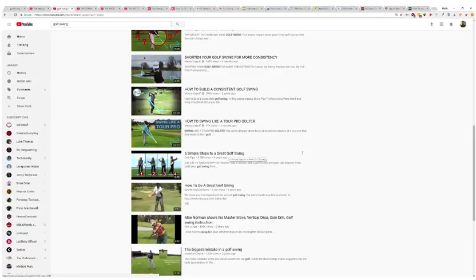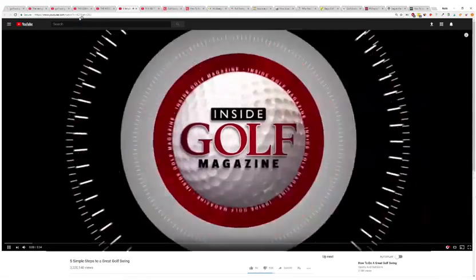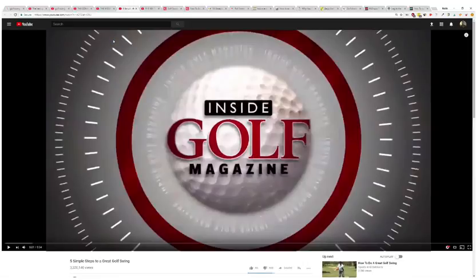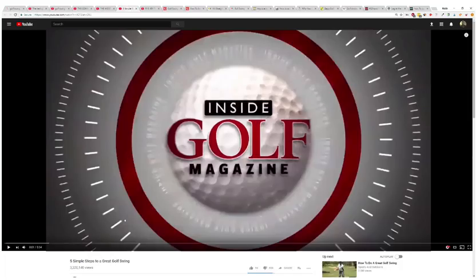So 5 simple steps to a great golf swing. This could be maybe useful. It's from Golf Magazine, which is a good sign. And I think that is more or less a good pool of resources for Crazy Tab Method.